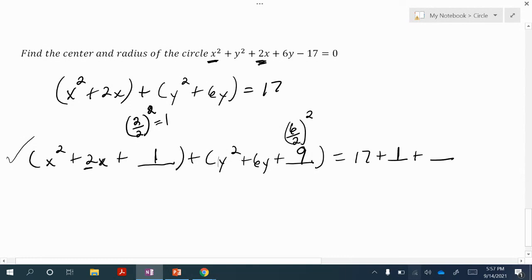We added it to the left-hand side, so we must also add the same quantity to the right-hand side. And if you look at the y variable, the same thing happens for 9. Right? We started with the y squared variable. We started with the 6y. Right? But when we completed the square, we added 9 to the left-hand side. So we must also add 9 to the right-hand side.